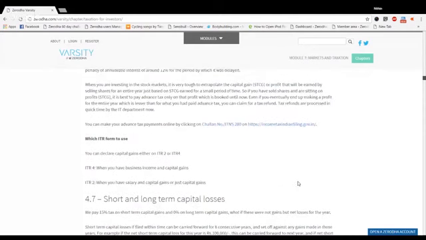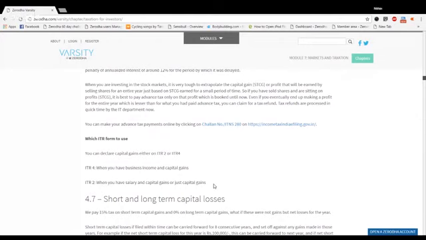Another important thing to know when you're investing is that if you have only capital gains income, you can use an ITR2 form. I've mentioned here that there are different kinds of income tax forms to be used in different cases.